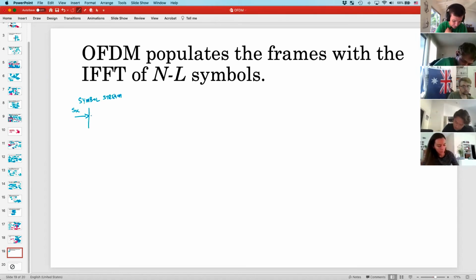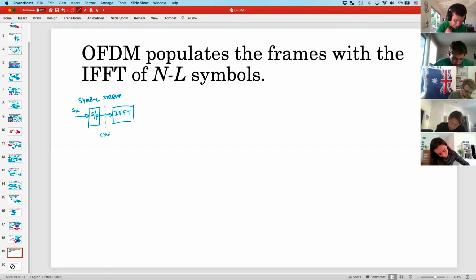And then if those symbols are coming in serially, then we need to do buffer operations, serial to parallel. And then we're going to pass that column vector into an inverse FFT operation, which means that somewhere along here, we need to chunk or block or frame our data, right?